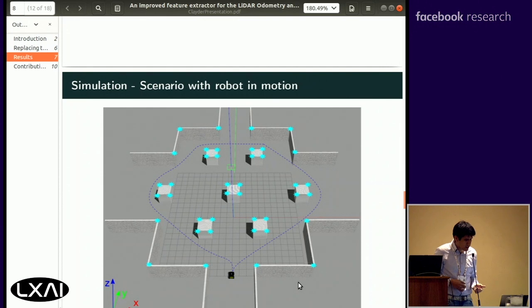Since I was using the simulation software Gazebo, I started to play with the standard deviation of the range noise of the sensor. So I started going from some small values to some bigger values of standard deviation.